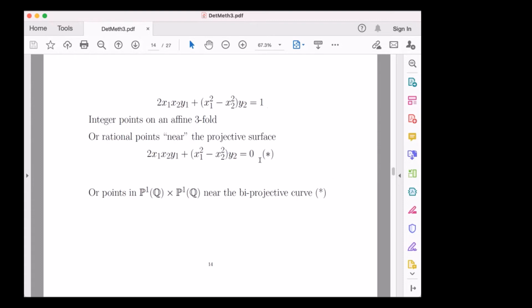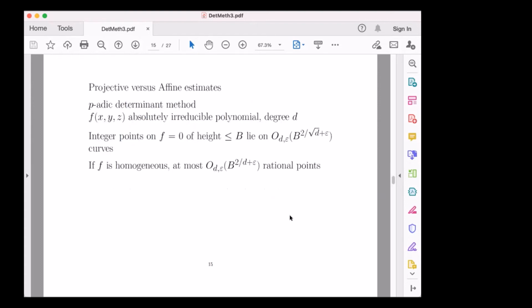However, we've got to contend with the fact that we're counting points near the variety rather than on the variety. So the strategy is going to be to think of this as counting points near a biprojective curve.